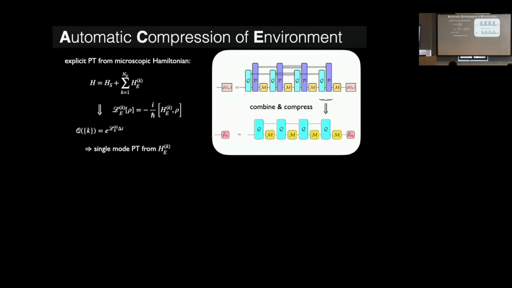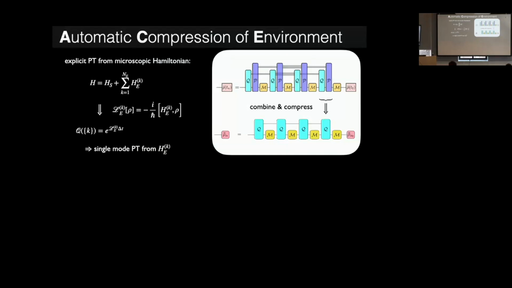What is Q again? I am sorry. Q here, what is this Q or that Q? Sorry, they're two different Q. So I've combined Q and P and I called it Q again. So this is bad notation on my part. Q up here is a process tensor due to a single environmental degree of freedom.